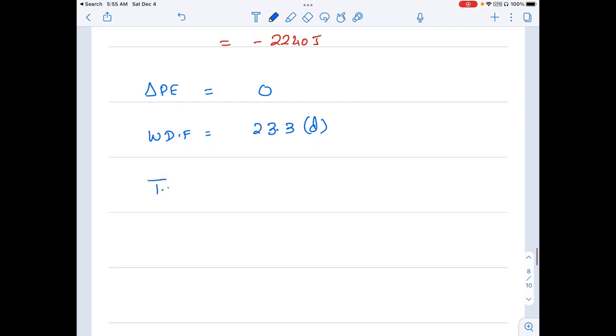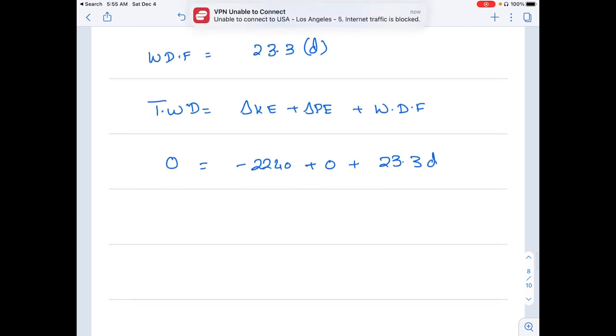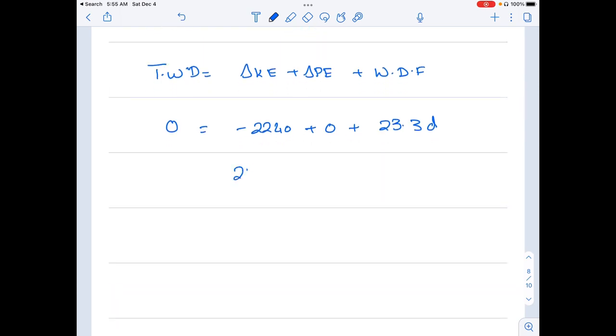Now I use the same concept. Total work done is equal to delta KE plus delta PE plus work done against friction. So total work done is 0. Delta KE is minus 2240, plus delta PE is 0, plus work done against friction is 23.3 D. So from there I get 23.3 D is equal to 2240.